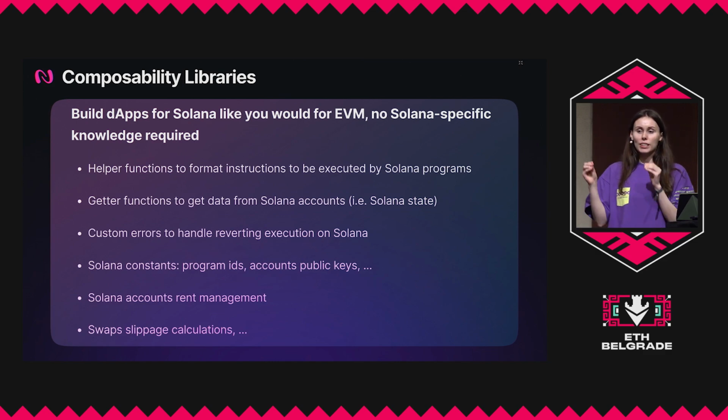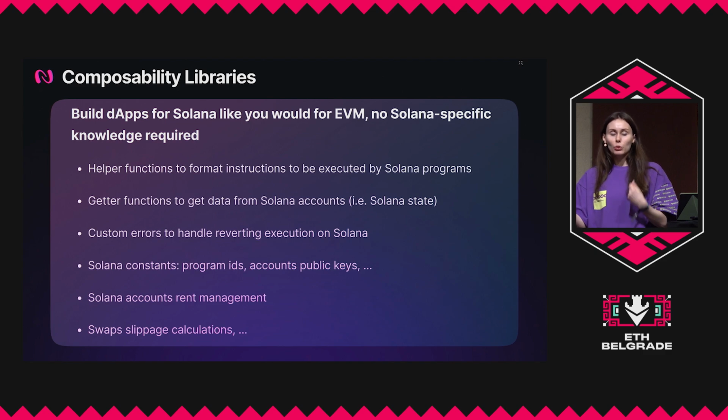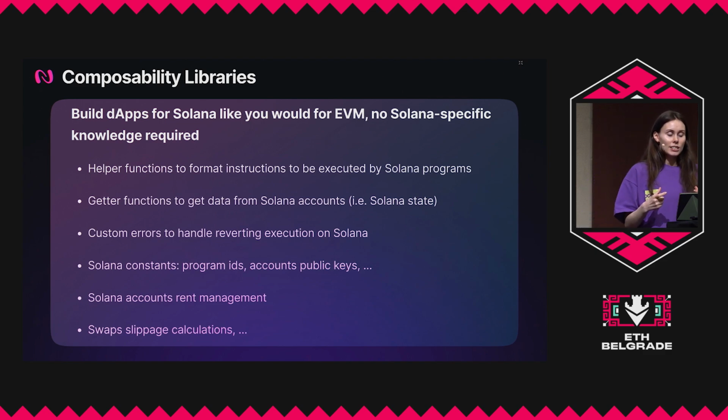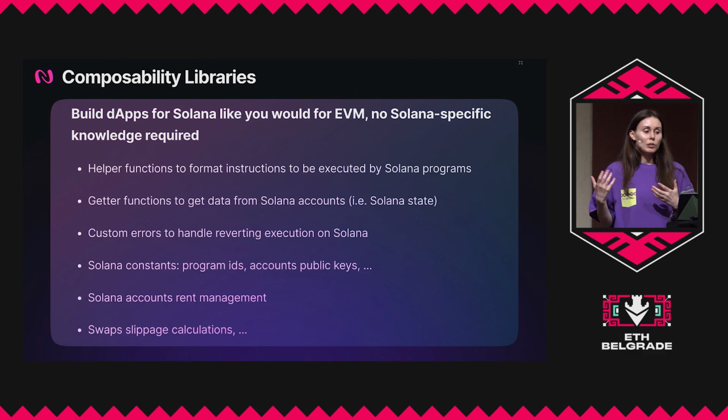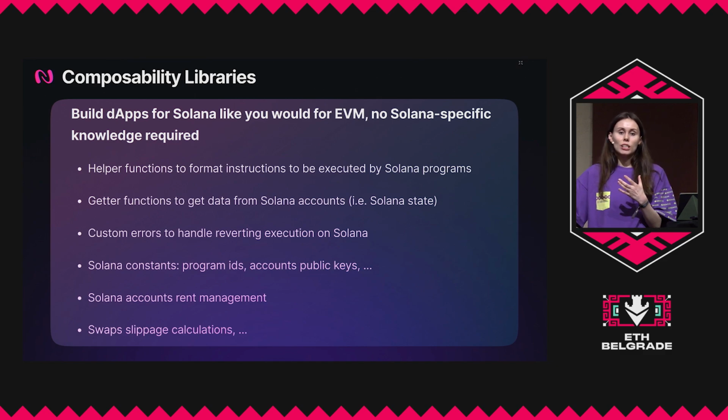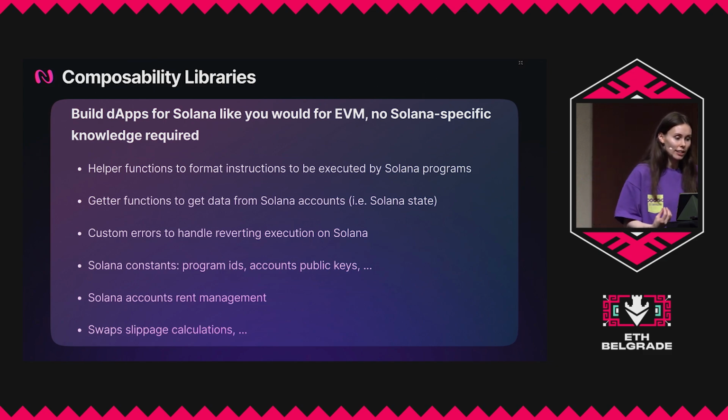Then there is a file with the getter functions where you can pull the data to get into your front end, for example. And then there are custom errors so that you can handle the errors and debug. On Solana, it's done usually completely different, but here with this library, you're going to get errors that you can actually handle from Solidity contracts.